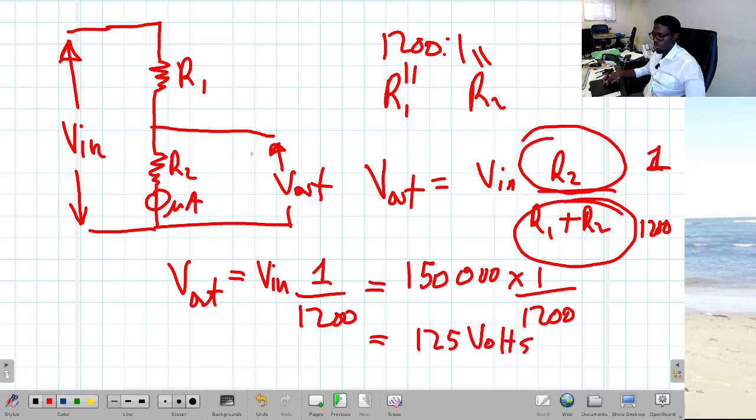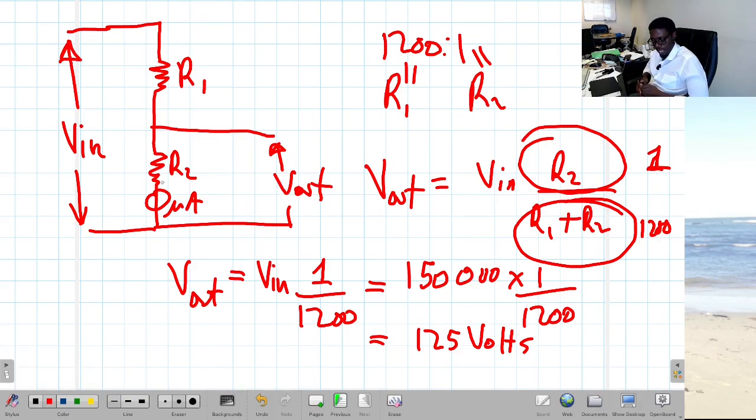So this is the output voltage that is going to be read across this output. Since the voltage measured across the output is the same voltage that is across this resistor too, we are able to determine the resistor value from that voltage, knowing the current in the circuit.